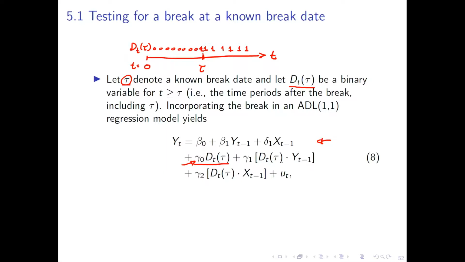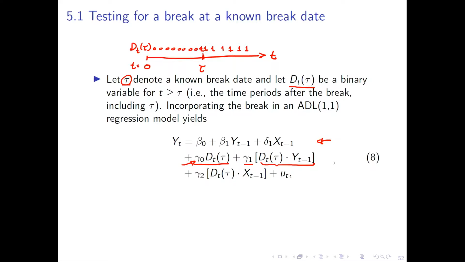And you can also test whether or not the slope on the lagged y variable is changing by looking at the gamma 1 coefficient on the lagged y variable times the dummy variable.